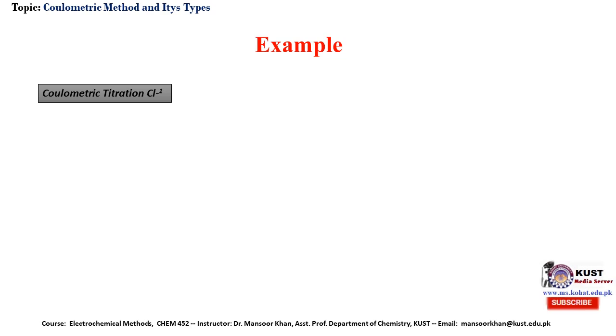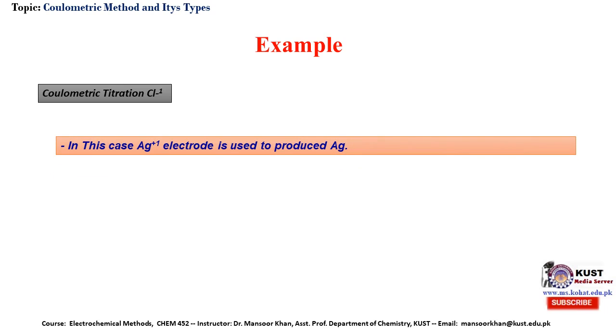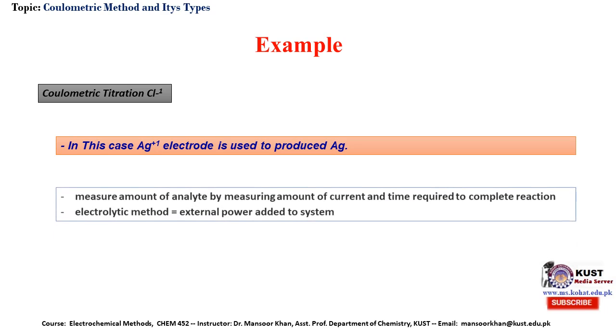We will also take an example of coulometric methods in order to understand them fully. The first one is coulometric titration of chloride. In this method, we take a silver electrode to produce Ag+, immersed in the solution, where Ag formation will take place.